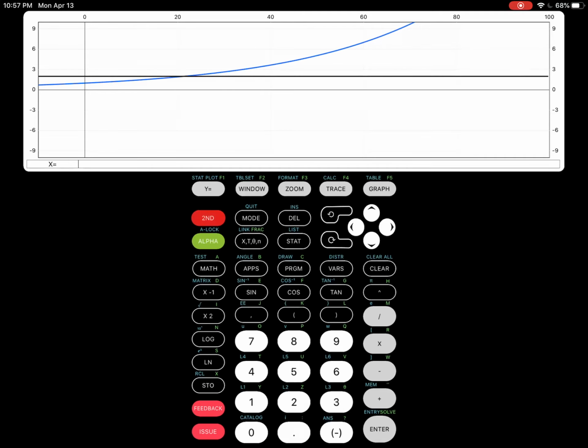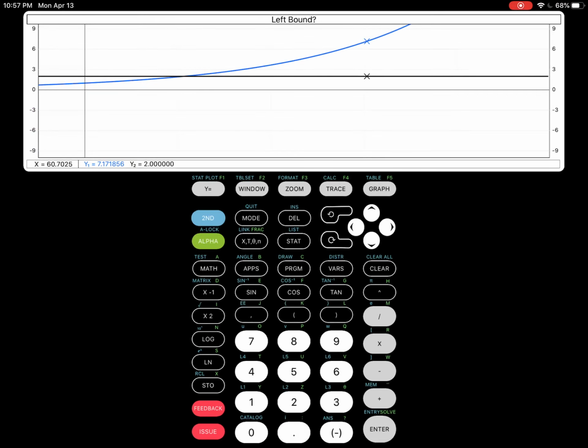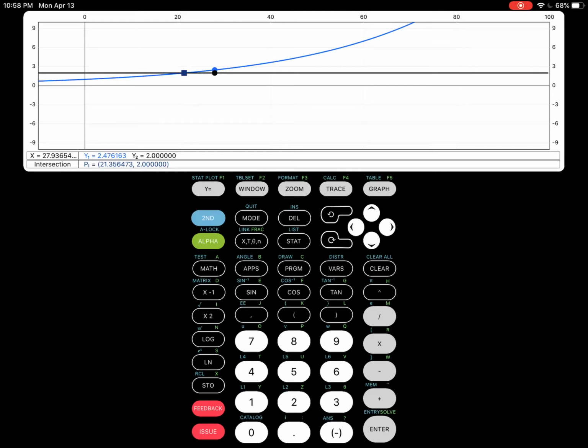So you'll go to second trace, go down to intersect, and you'll find your intersection. My graphing calculator finds the intersection a little different than a regular TI-84, but you're going to follow the steps that your calculator asks, and you should get 21.36, comma 2.